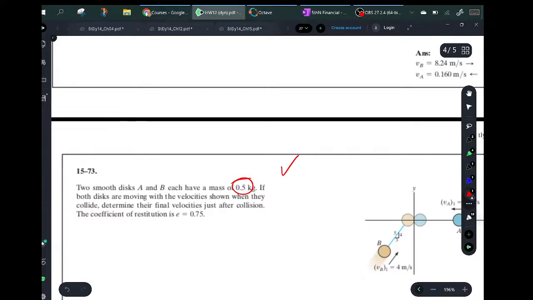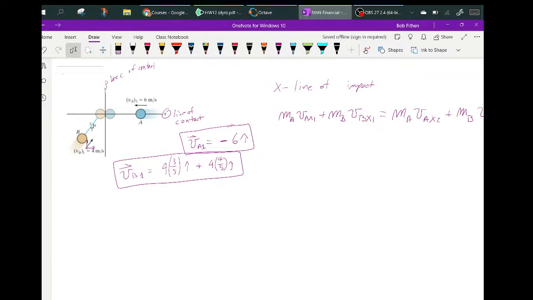Each have a mass of a half. Okay. So each of these has a half. So since they're all the same value, I can just cancel them all out.